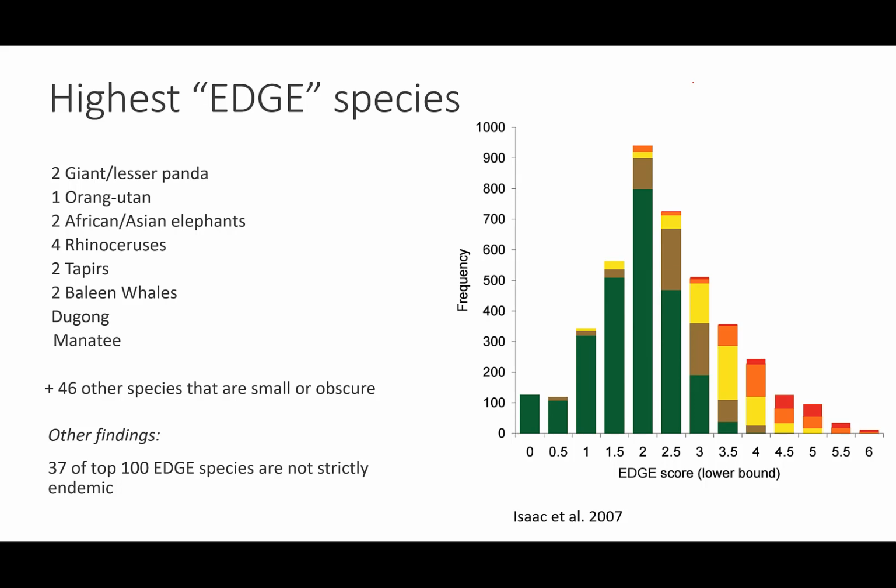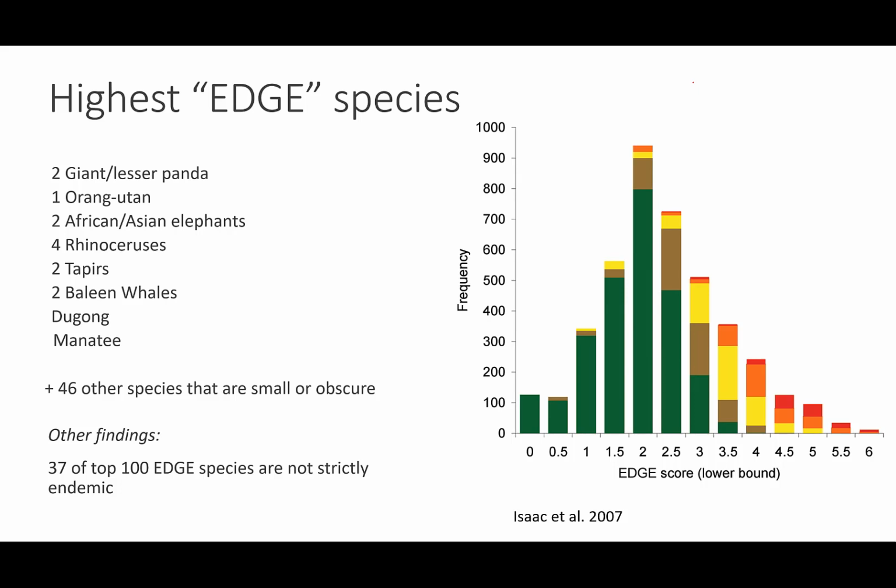So since there's always a focus on endemic species, this paper has actually suggested that instead of focusing on endemics, we should focus on species that are in these higher risk categories, because 37 of the top 100 species were not endemic species. They are species that have population sizes that are shrinking, but their geographic ranges are fairly large. So they aren't really considered endemics.